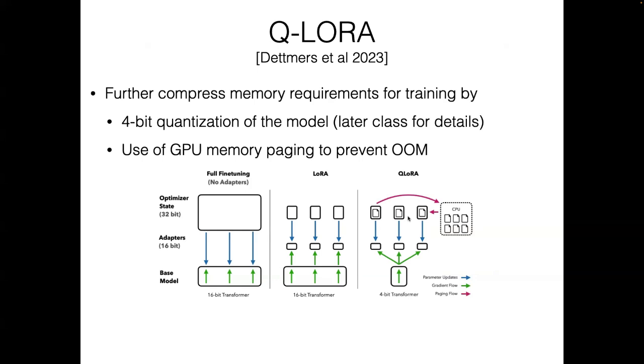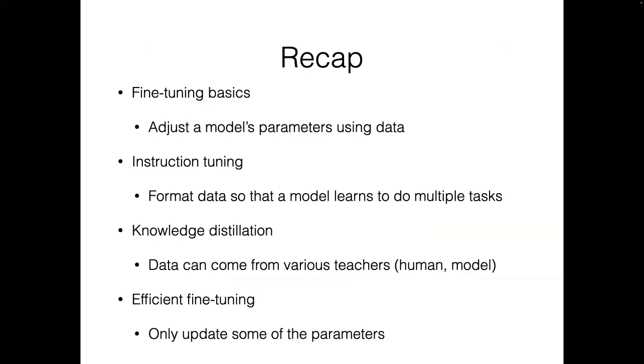Okay, cool. So we have about 2 minutes. I wanted to give this recap and introduce a couple more summary insights. With fine tuning, we're ultimately adjusting a model's parameters using some data. Instruction tuning you can think of as a clever way of formatting the data so that the model can learn to do multiple tasks.